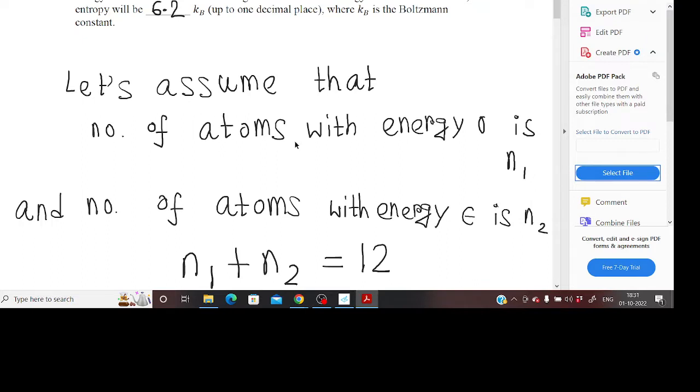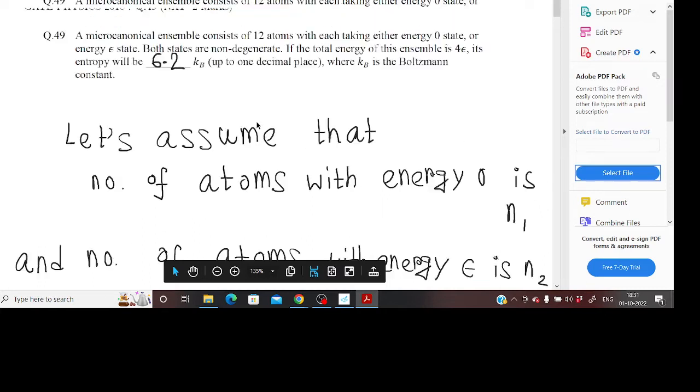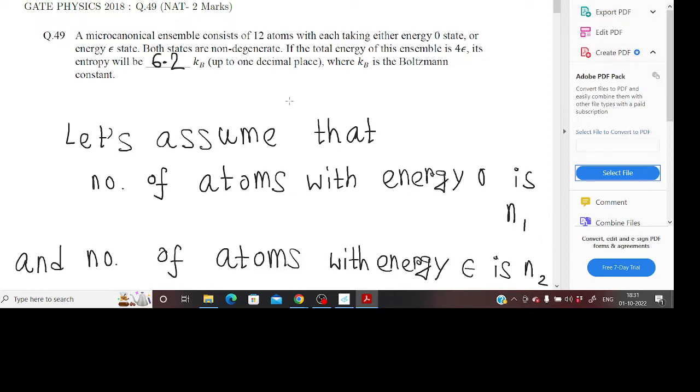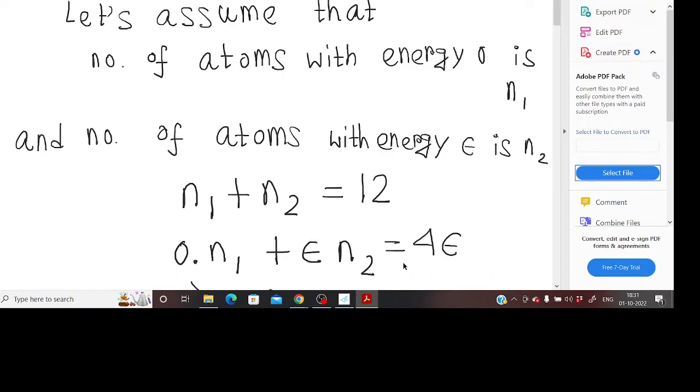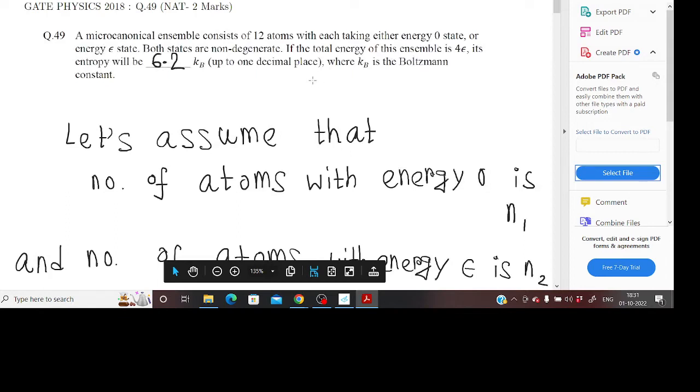So let's first consider that the number of atoms with energy 0 is n1 and the number of atoms with energy epsilon is n2. There are total 12 atoms, right? So n1 plus n2 must be equal to 12. And the total energy of the ensemble is 4 epsilon. So there are n1 atoms with energy 0 and n2 atoms with energy epsilon. So what is the total energy?